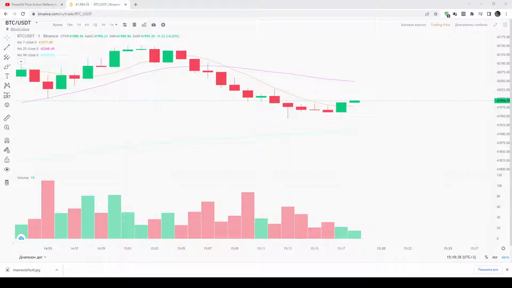Next, there is an increase in demand by the bulls and the price starts rising. At the end of the day, because we are on the daily time frame, the bulls are successful in making the price rise, and the closing price is more than the middle of the previous bearish candlestick.